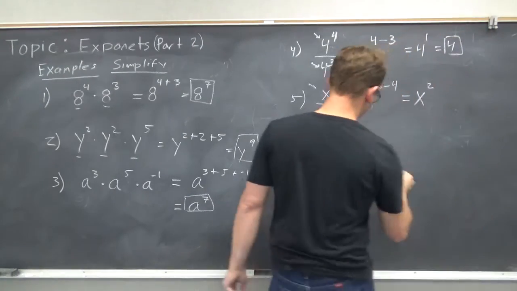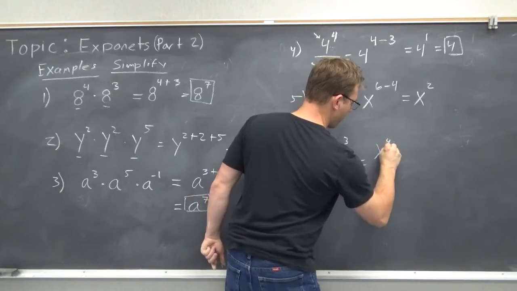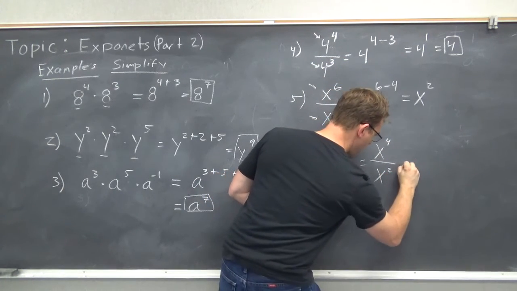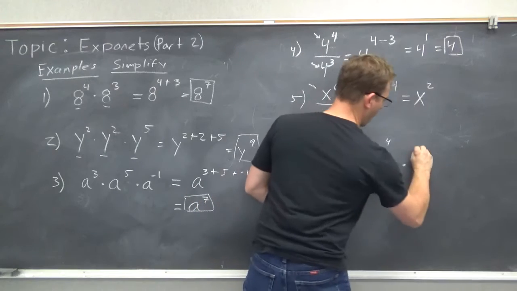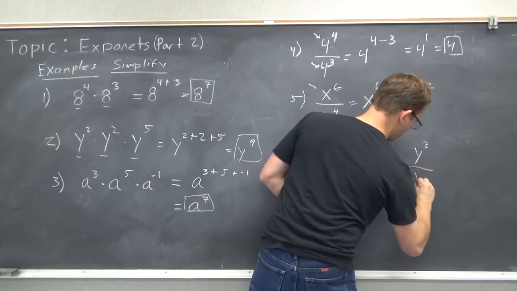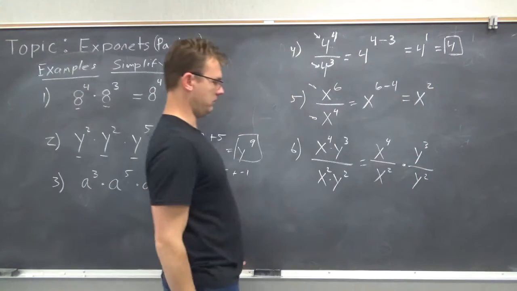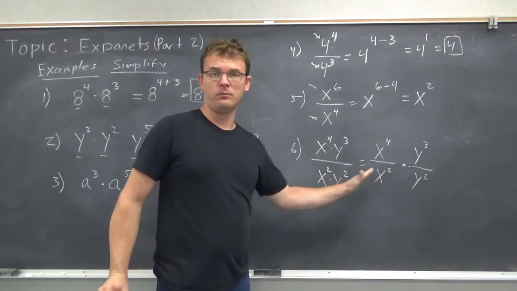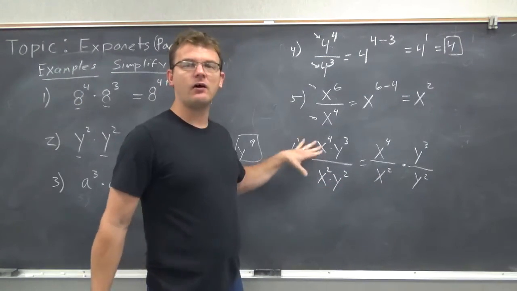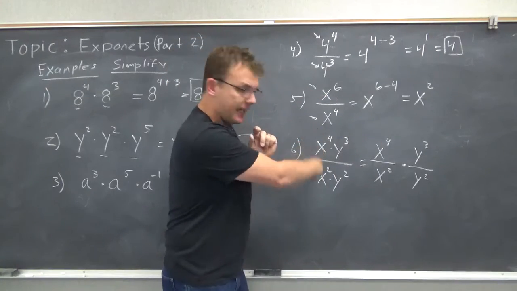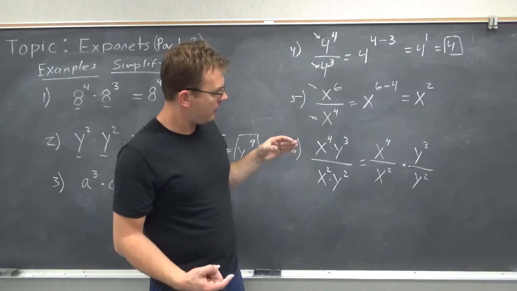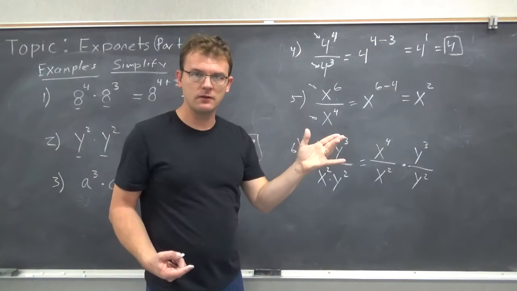So maybe you can go x to the fourth over x squared, times y to the third over y squared. What I just did is split them up for you. So you're not thinking, oh wow, that's a lot to handle. No, I want you to think about, hey, I know these rules.